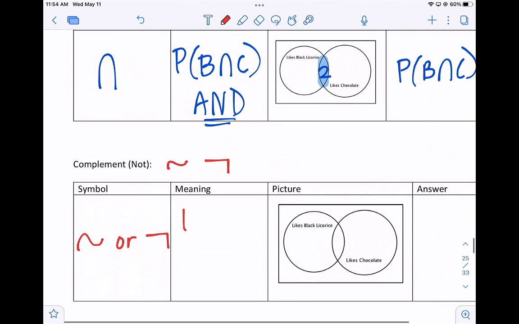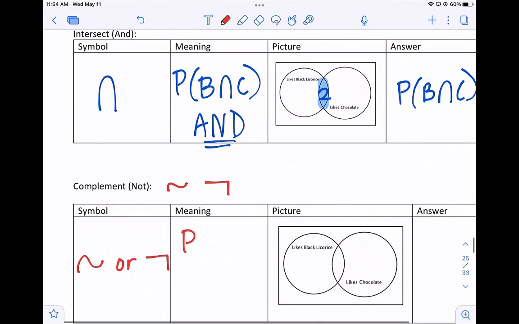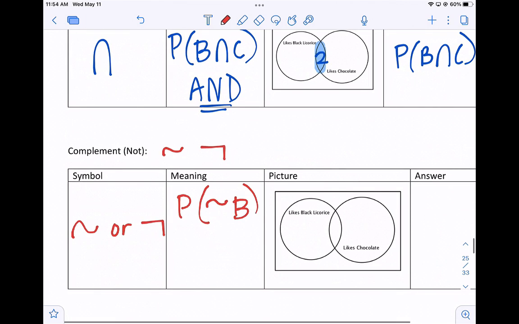So what's the probability they don't like, let's just do, don't like black licorice. Okay, so this is don't like black licorice.